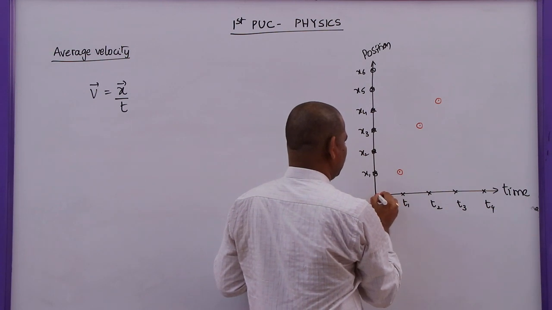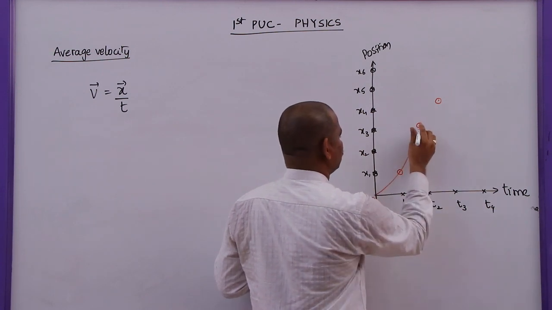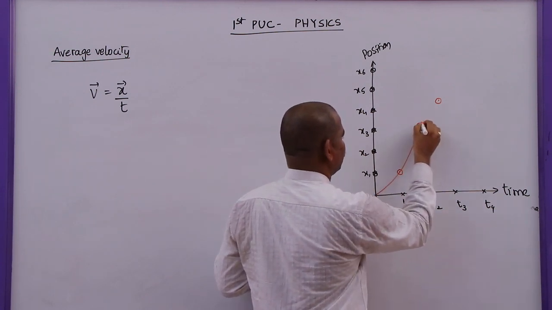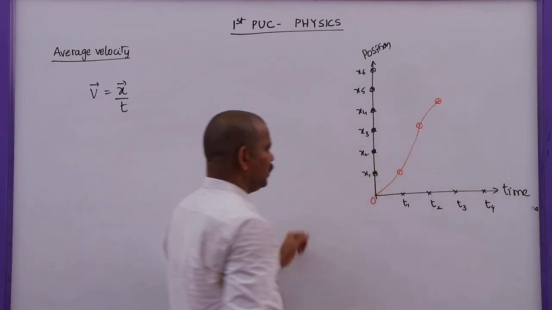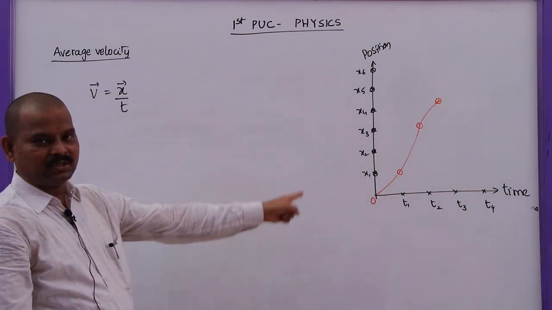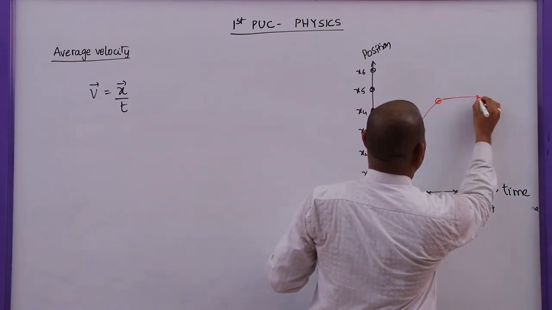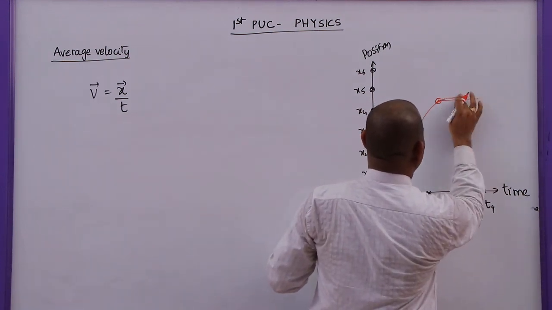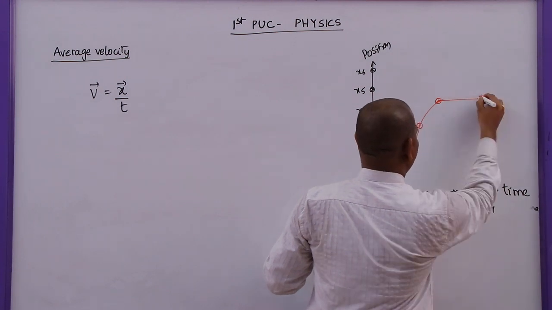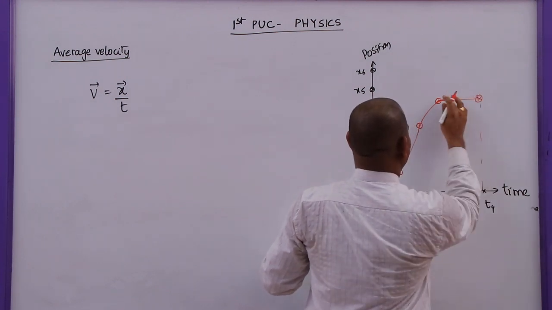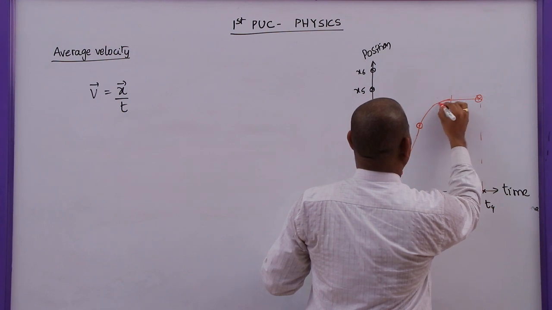So here it is changing its direction. Here you can see the graph is changing, that means it is not a straight line. When time is t4, let us say the body is at x4 only. Here it is at x4.